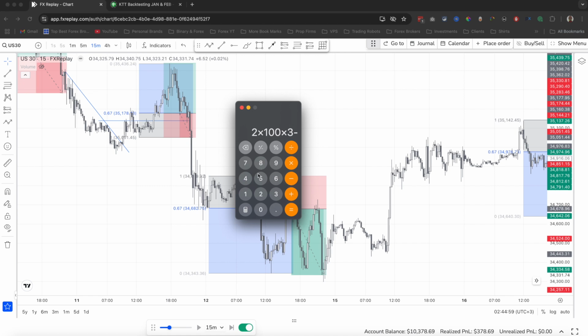But we lost 4. Then 1, because we win 2, we lose 1 for the risk to reward, right? Multiply by 100, because each and every trade we are placing at 100, for example, and multiply by 4. Okay, so we are still in profit of 200.